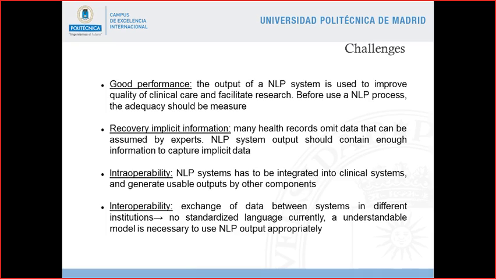You have to keep in mind that there is no standardized language currently. So every institution uses its own language, its own reports. So it's very difficult to create a generalistic NLP system. And the model has to be understandable in order to use the output for other institutions.